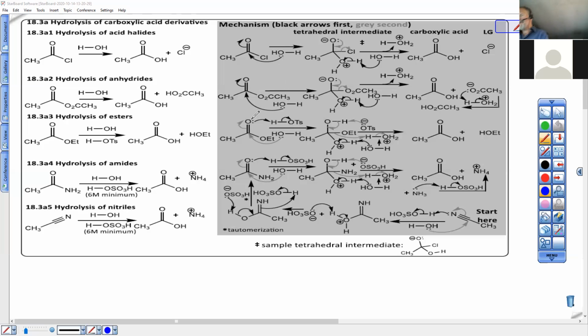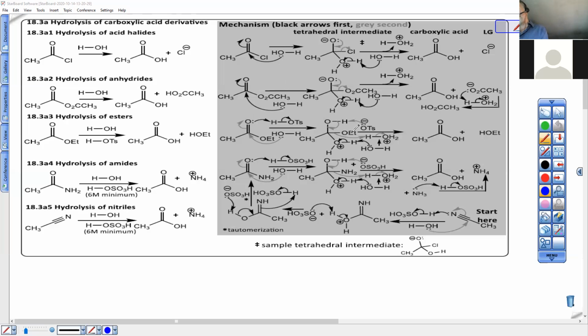Please tell me you know that's not the first time we've mentioned activation of the carbonyl. So we're activating the carbonyl, and then we're attacking it with the poor nucleophile, and then it looks kind of like what we did in the top two, except now we have an OH up here. To do your elimination, you're going to have to deprotonate that and then protonate the OEt as it leaves.